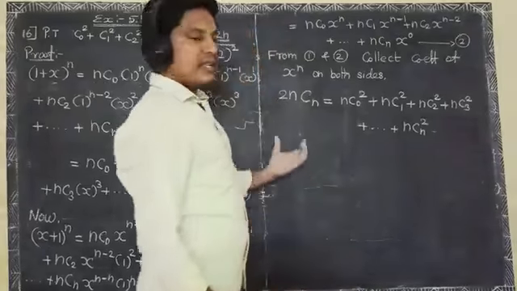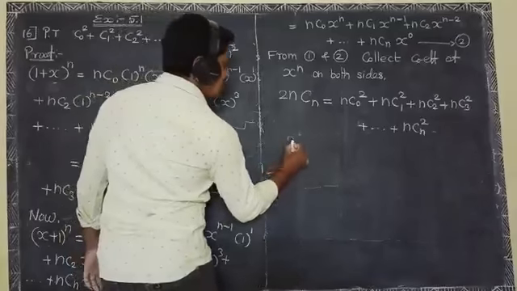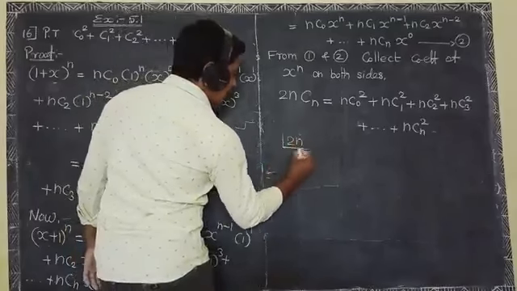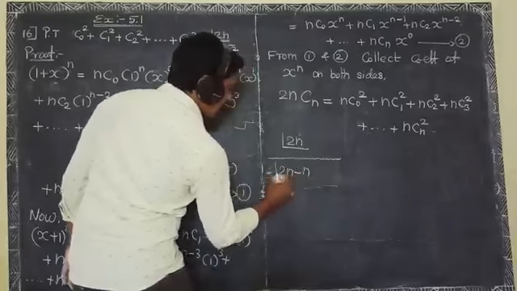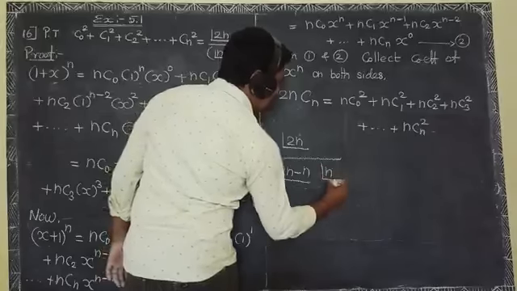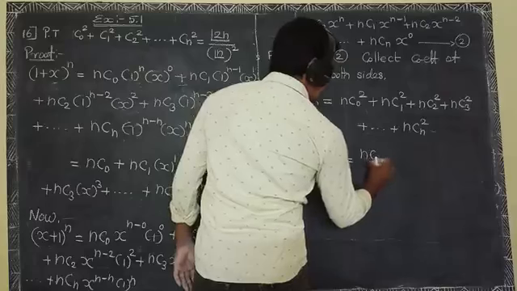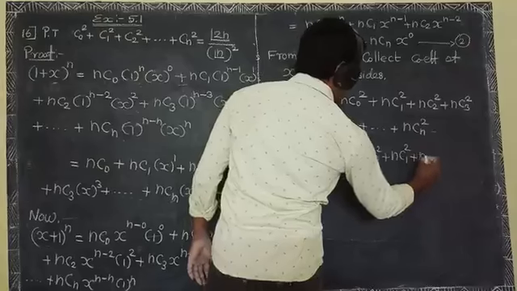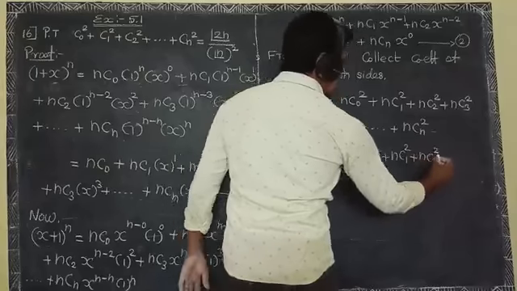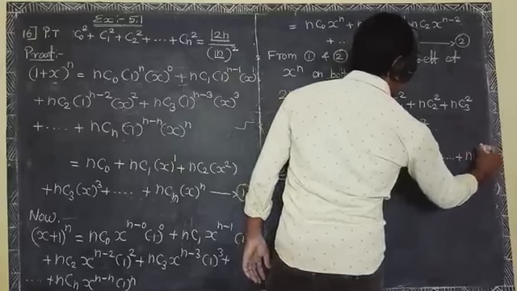...nCn whole square. Then the left hand side, using the combination formula, is 2n factorial divided by (2n minus n) factorial times n factorial, which is equal to, on the right hand side, nC0 square plus nC1 square plus nC2 square plus and so on, then the last term nCn square.